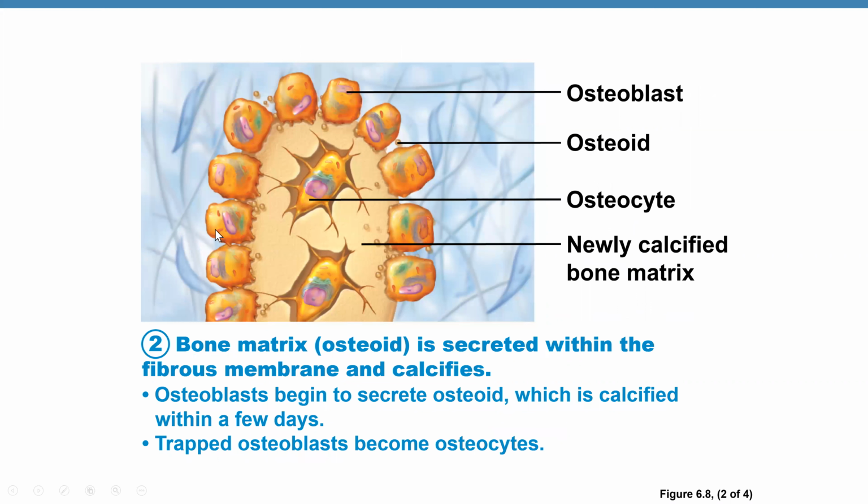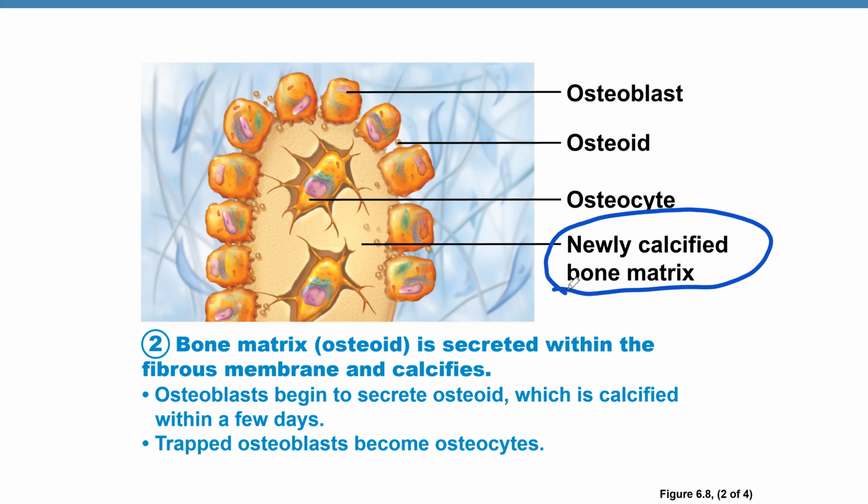Then bone matrix osteoid is secreted within the fibrous membrane and calcifies. The osteoblasts start secreting osteoid, the osteoid calcifies, and the membrane becomes bone.